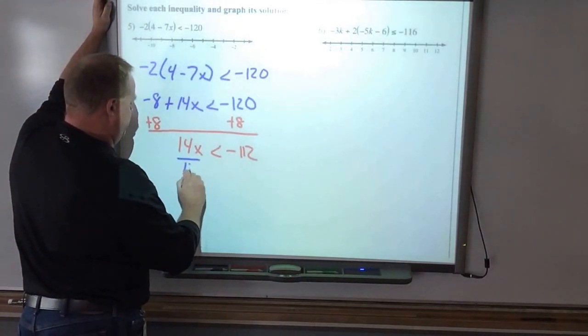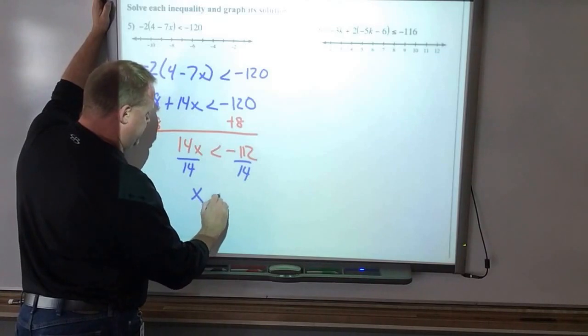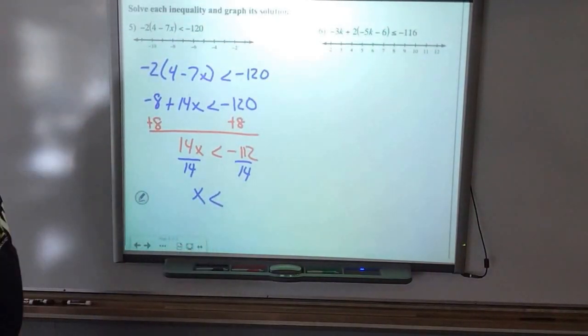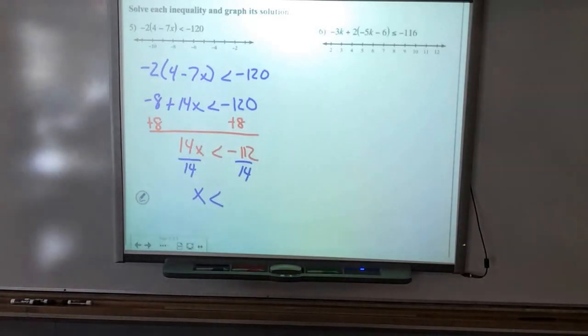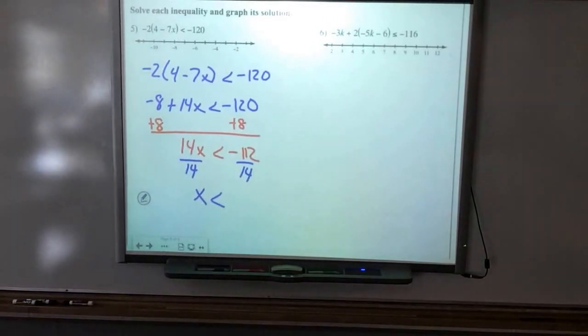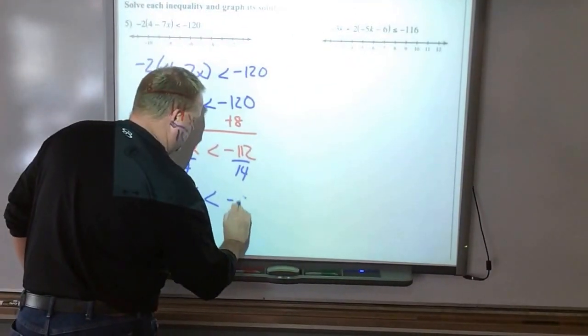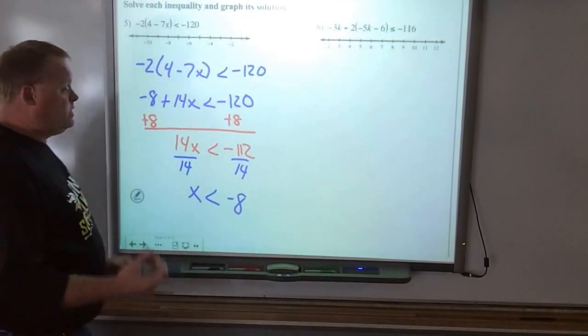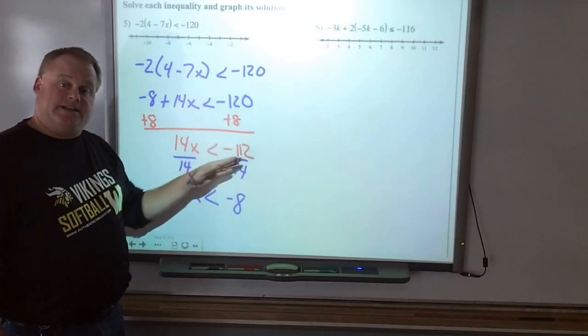I would divide by 14, divide by 14, and that is going to be x is less than, we'll do the math. What is a negative 112 divided by 14? As you do it in the calculator, hope your calculator came up with the number negative 8. I know it's negative because that negative on top, make sure it stays negative.